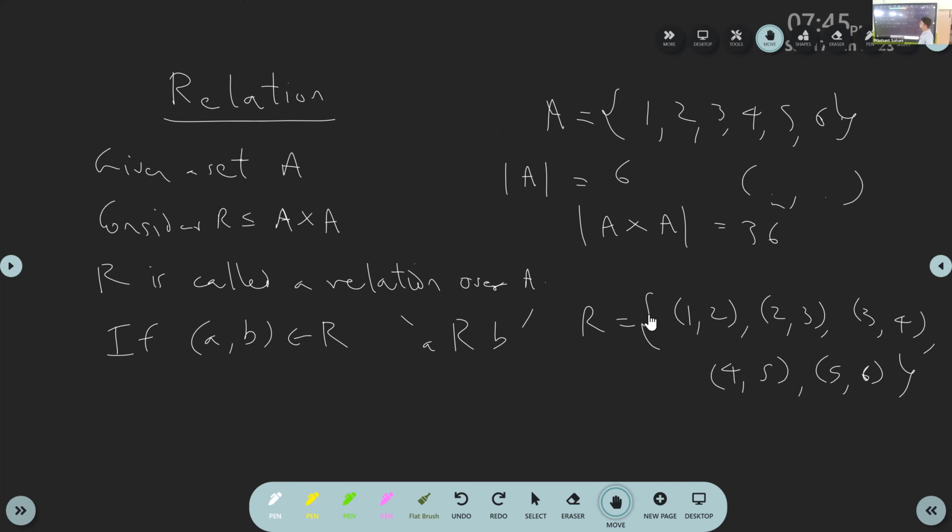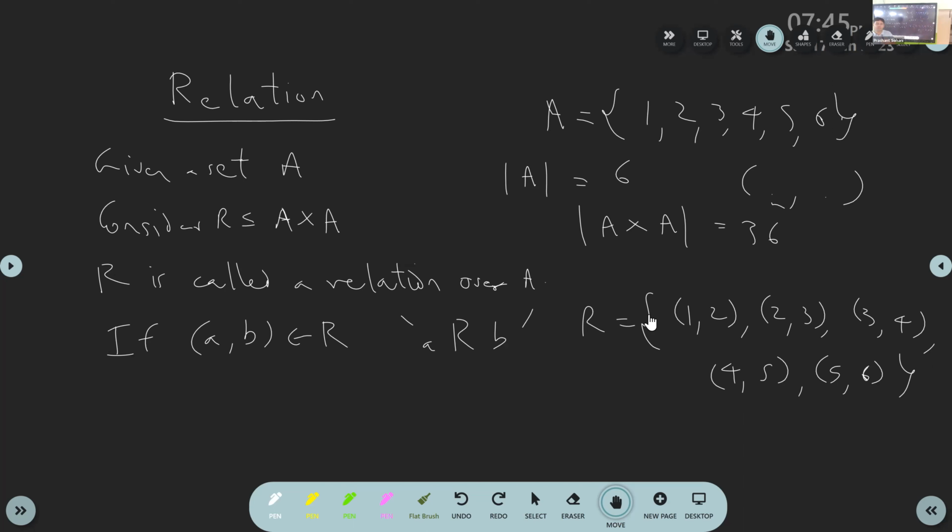We saw examples of relations on the previous page. Divisibility was one relation; less than and greater than are relations. A relation is nothing but some property which may or may not be true if you give me any two elements. As simple as that.